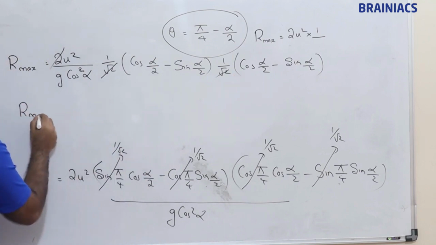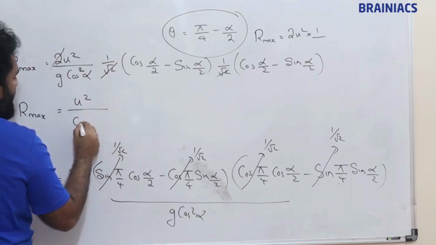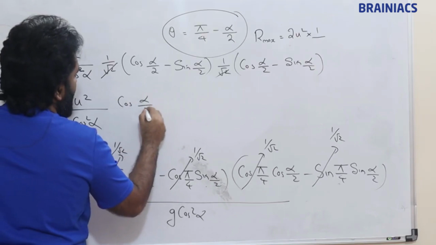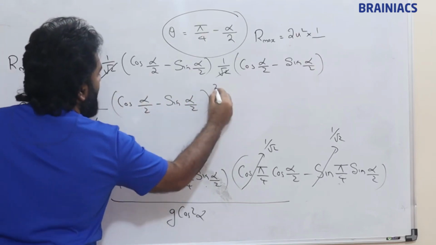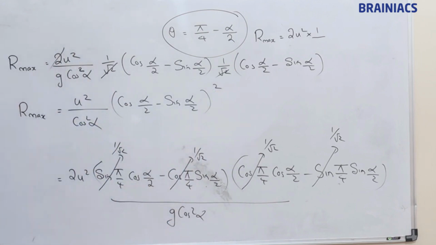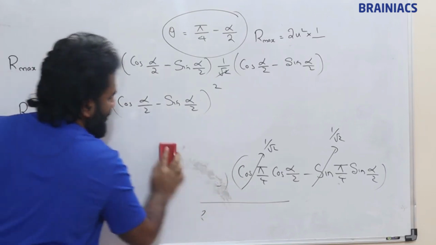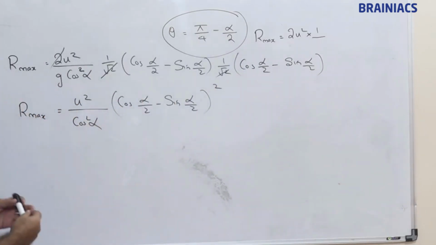So R max is equal to u square by cos square alpha into cos alpha by 2 minus sin alpha by 2, the whole square. Correct or what? So I will be expanding this.